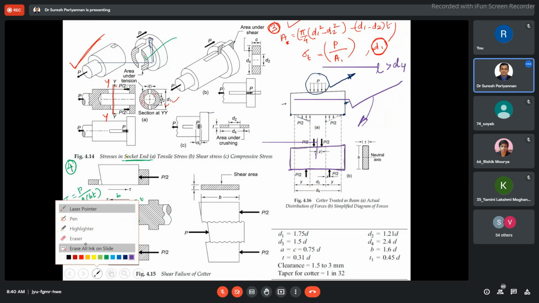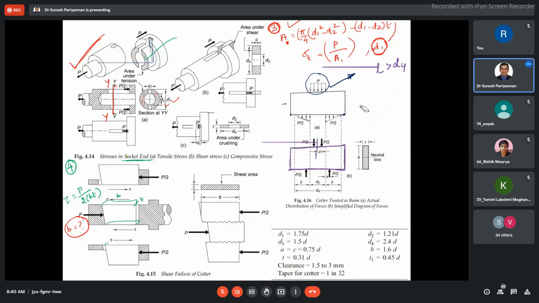Now some of the things I erase here. Now you might have understood. What is this Z, I also told you. Z is nothing but the average distance from the center. This is the center. How can I consider Z? Z is nothing but the distance from the center to this point. What is this distance?